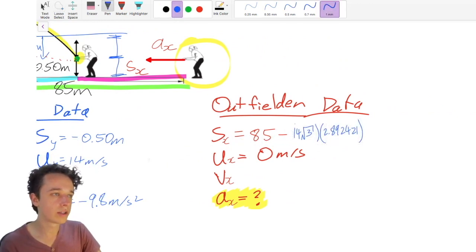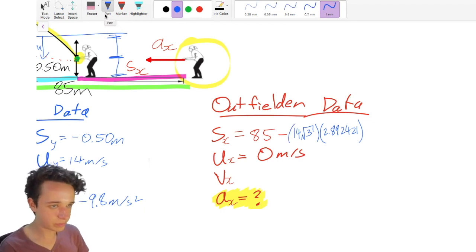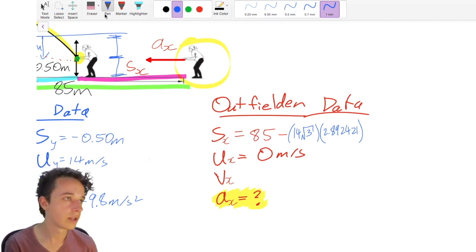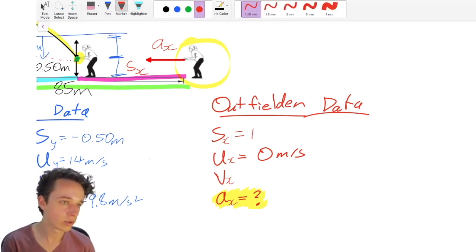And I will evaluate this because it would be nice. Again, putting that in the calculator is 85 minus 14 multiplied by root 3 multiplied by 2.892421, which leaves us with an sx of 14.862518.